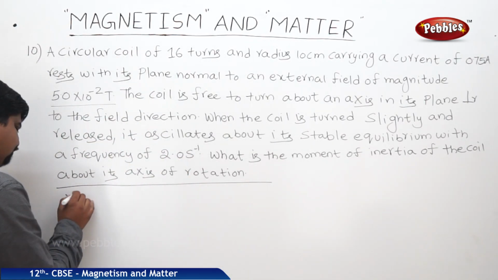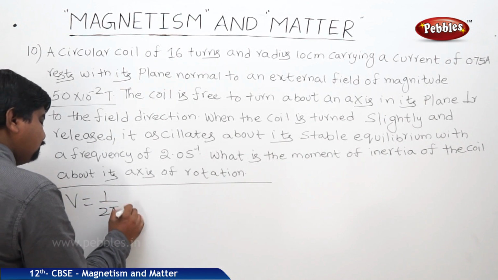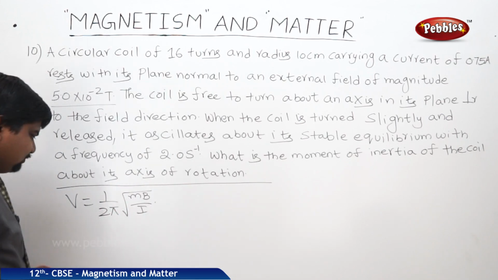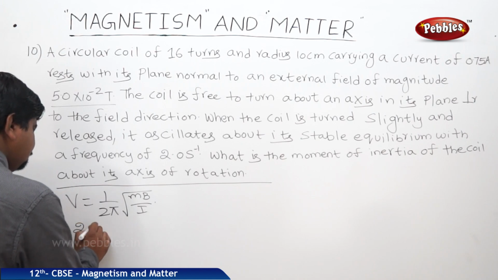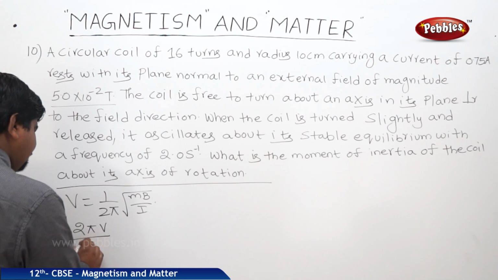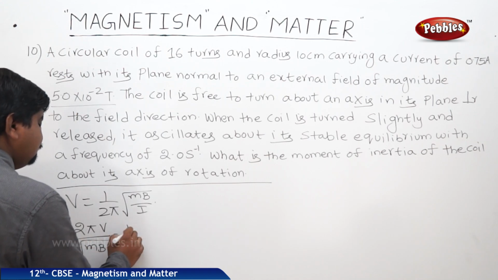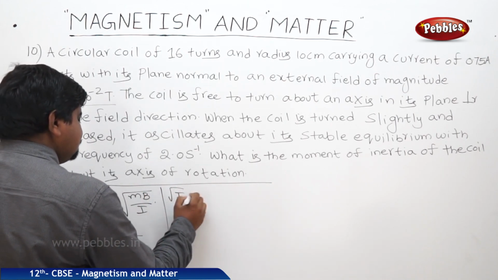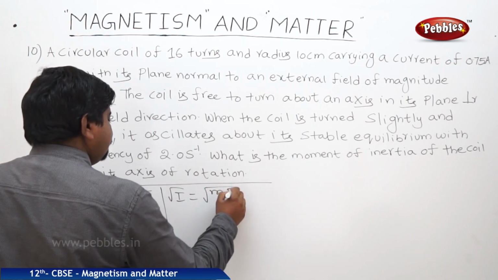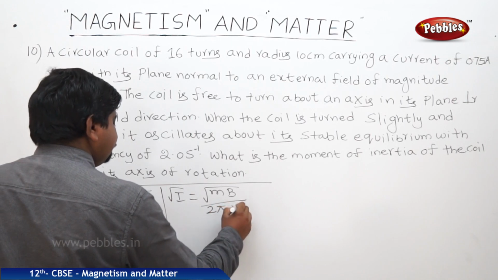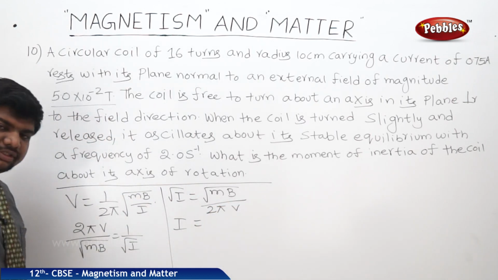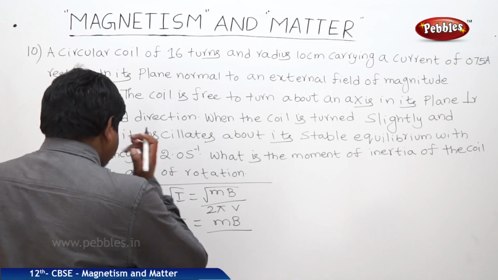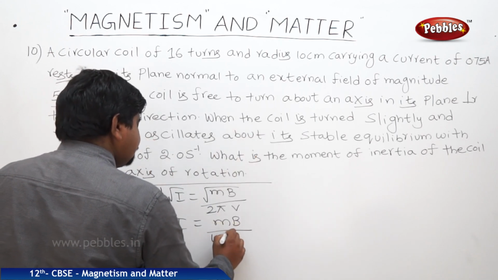We know that the frequency V is equal to 1 by 2 pi into the square root of mB by I. We should find this I. So for this purpose, 2 pi V by root mB is equal to 1 by root I. From this, root I is equal to root mB by 2 pi V. On squaring both sides, I is equal to mB by 4 pi square V square.